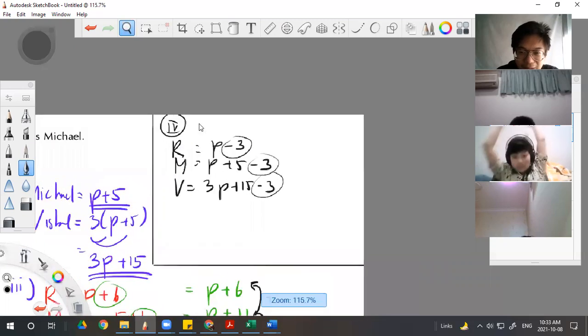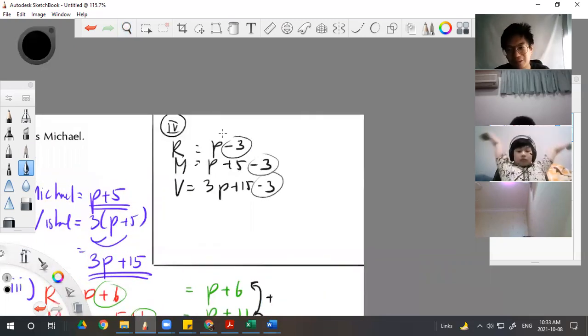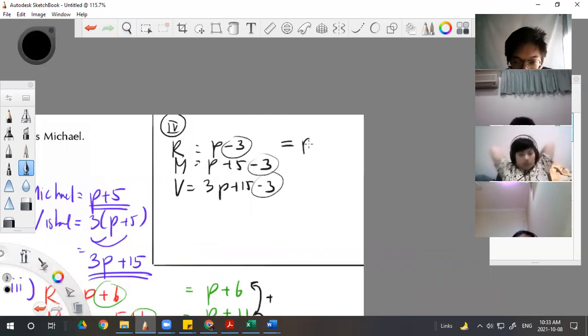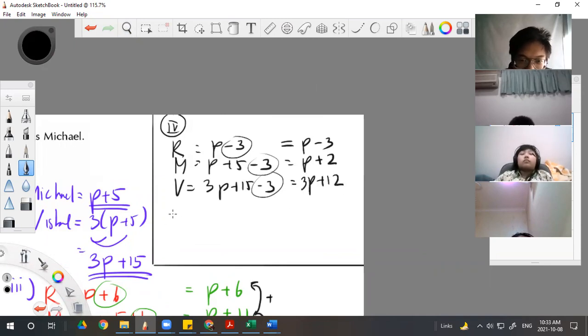Ya. Yuk. Maintain the focus. One last part. Semua lihat. Kita ini P minus 3 nggak bisa diapa-apain. Ini bisa. P plus 5 minus 3, so P plus 2. Right? 3P plus 15 minus 3, so 3P plus 12. And then you add all the numbers.